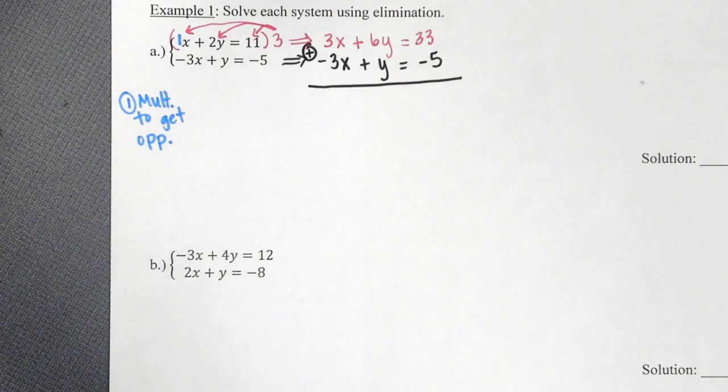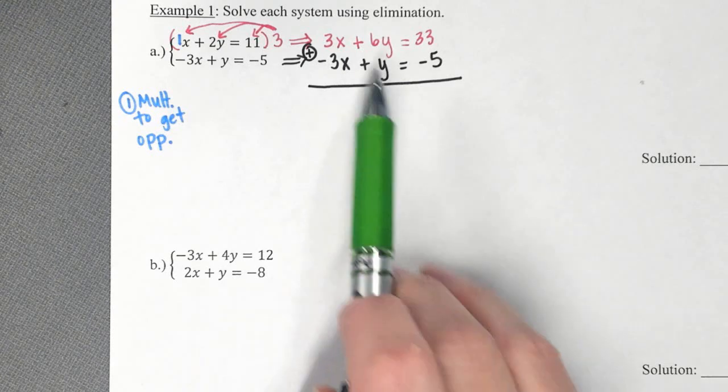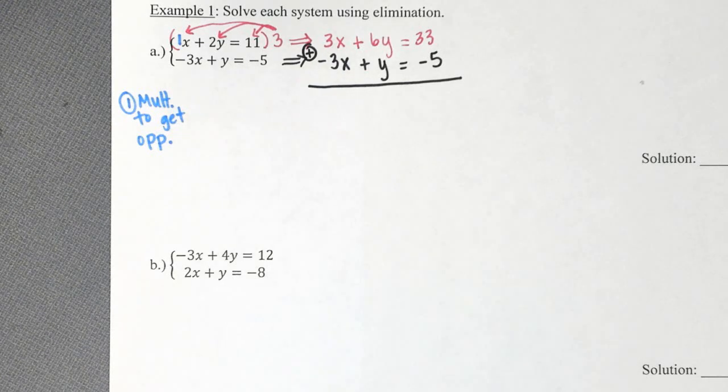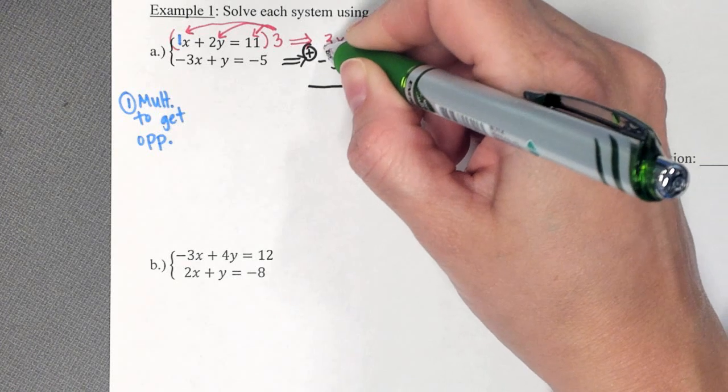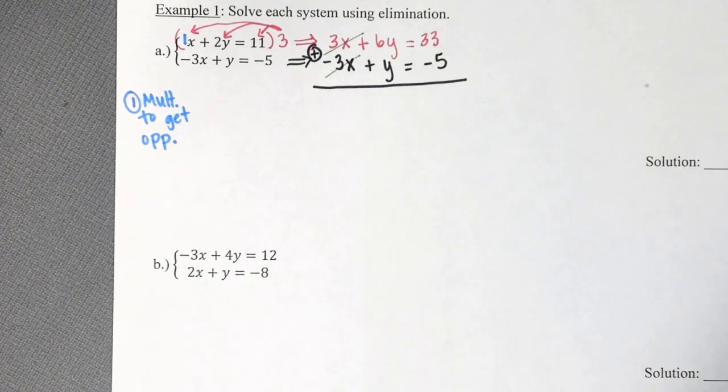What's going to happen when you have 3x plus negative 3x? Yeah, it cancels out. Do you guys remember what we did yesterday? How we wrote that? You can just put the slash through it.